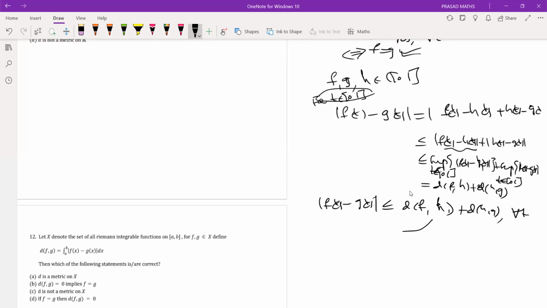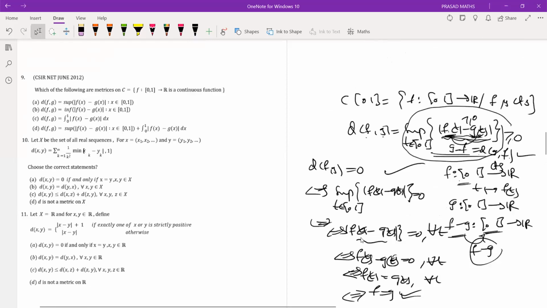Therefore, this is an upper bound for the set over the closed interval 0 to 1. The supremum of this set is the least upper bound. The least upper bound is always less than or equal to any upper bound, and this is at least one upper bound. So the least upper bound is less than or equal to this. But what is this? d of f comma g. So the triangle inequality holds. Therefore, it is a metric.